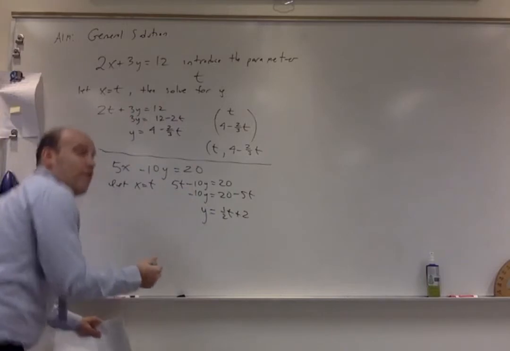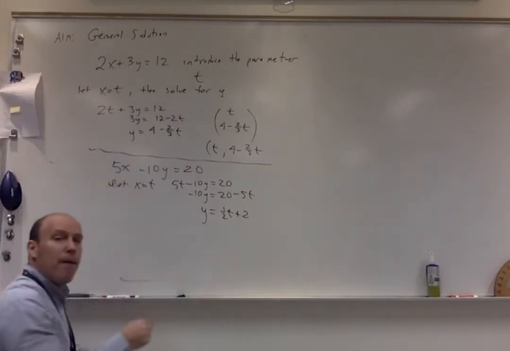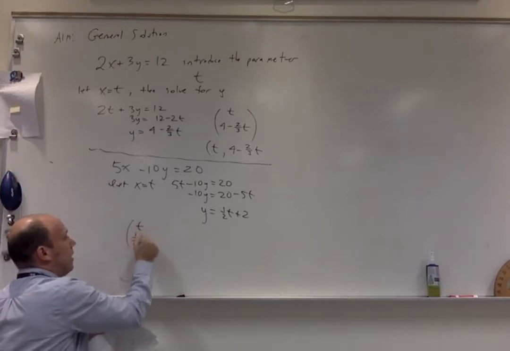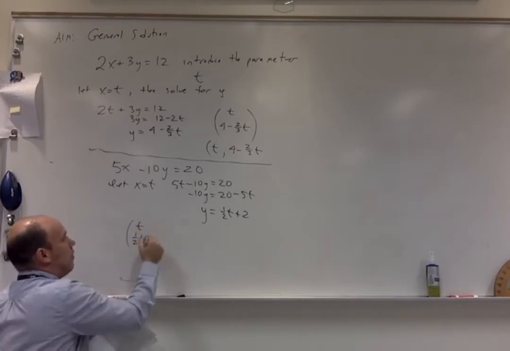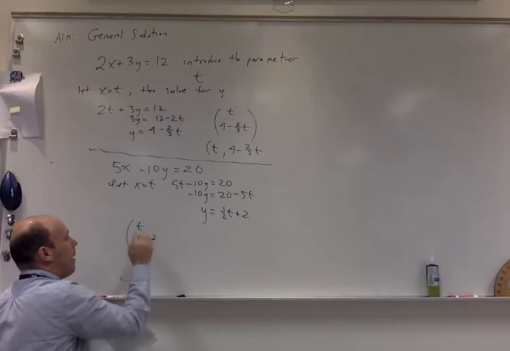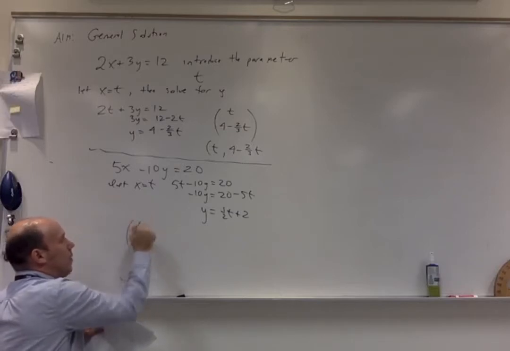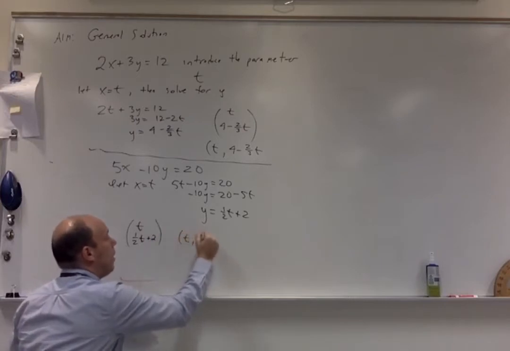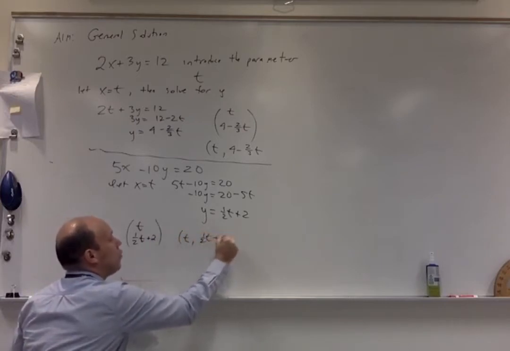And so we can write it as a vector. We'll be talking about vectors in a couple of units. t, 1/2 t plus 2. Notice that my t's are squiggly, so that you don't mistake them with a plus. Or you can write it like t comma 1/2 t plus 2.